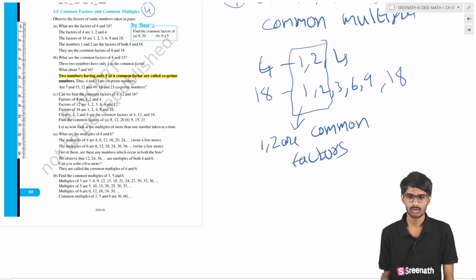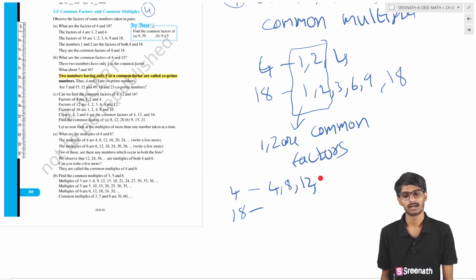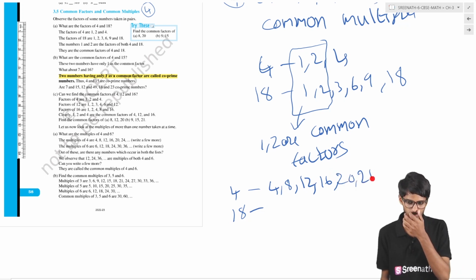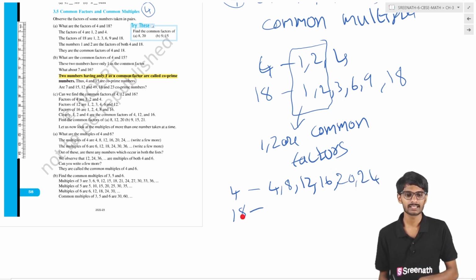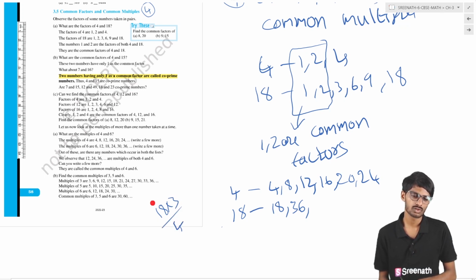And now again we take 4 and 18, and write the multiples. Multiples of 4: 4, 8, 12, 16, 20, 24, like that. And multiples of 18: 18, 36, 18 twos are 36, and 18 threes, how much, students? 54, like that.